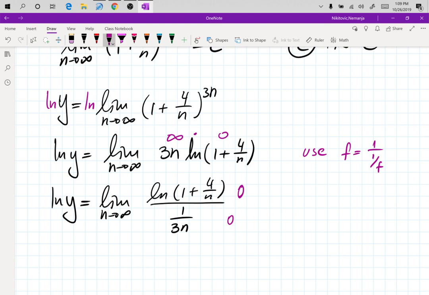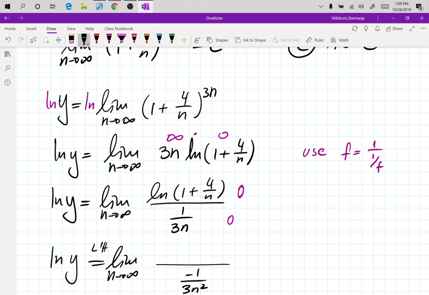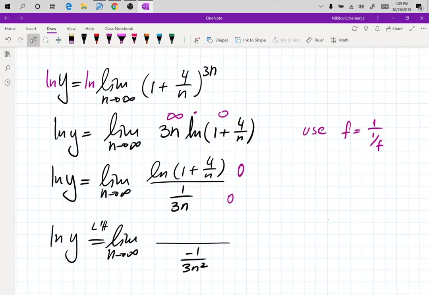And at this point, we can use L'Hopital, which is we are going to differentiate numerator and denominator independently of each other. So the denominator is easier. The derivative of 1 over n is negative 1 over n squared, so negative 1 over 3n squared in the denominator. And to differentiate the numerator, well, it's ln, so you will have the derivative of this times the derivative of the inside.